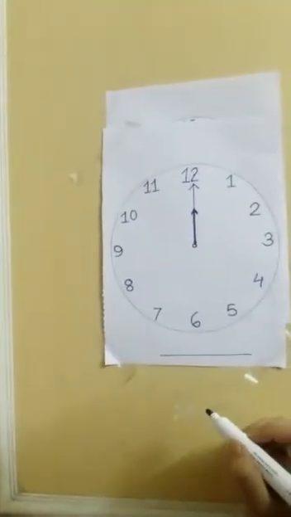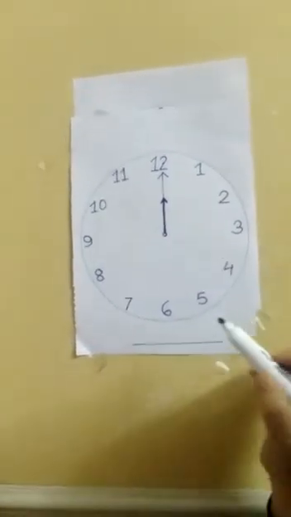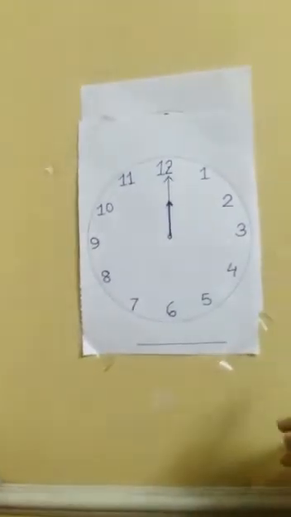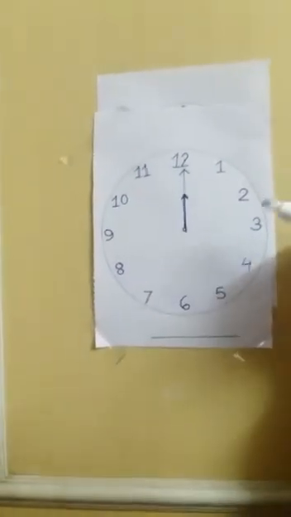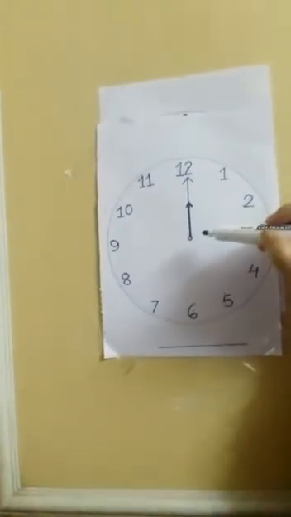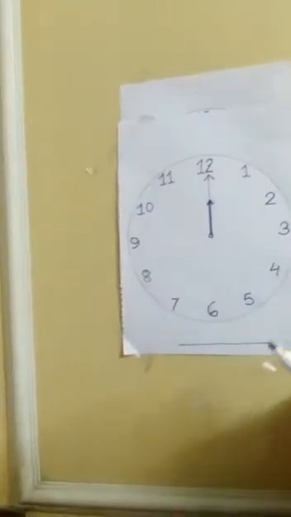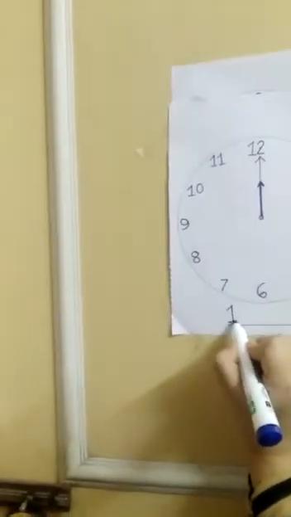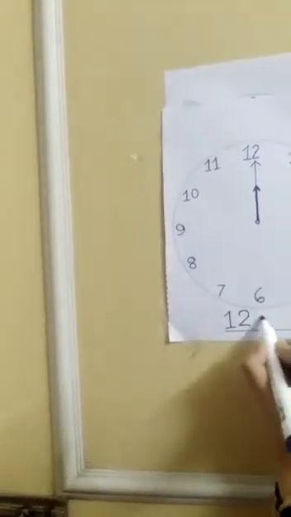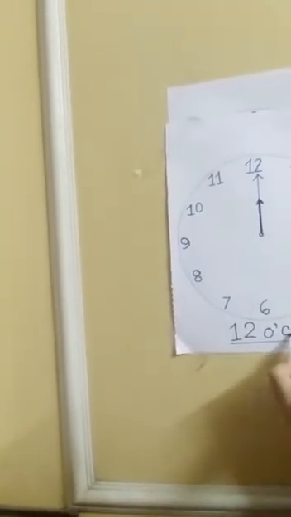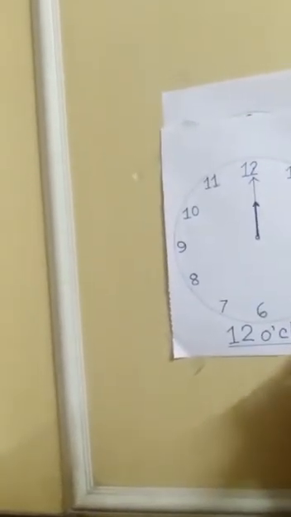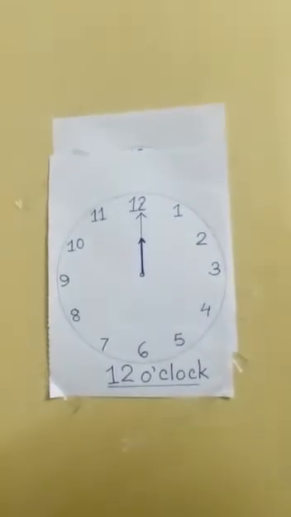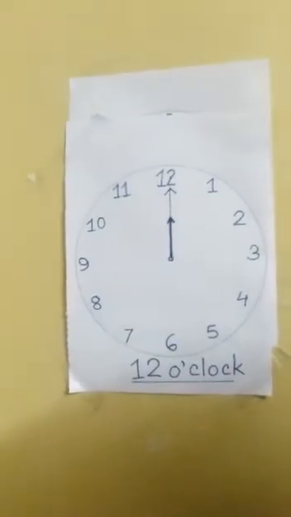So what's the time? As we already know, the minute hand will point to 12, and when the hour hand also points to 12, the time is 12 o'clock. The time is 12 o'clock. So do the rest of the work by yourself.